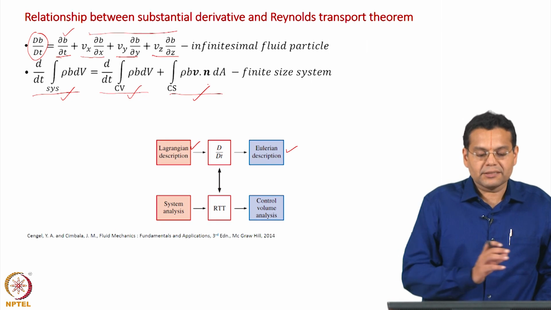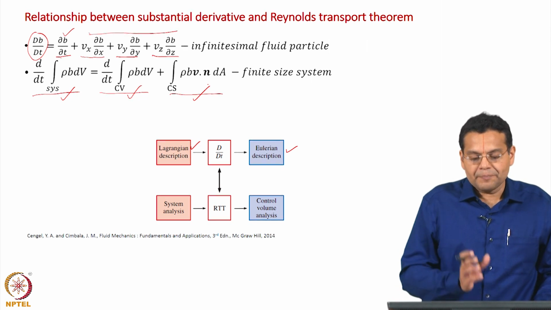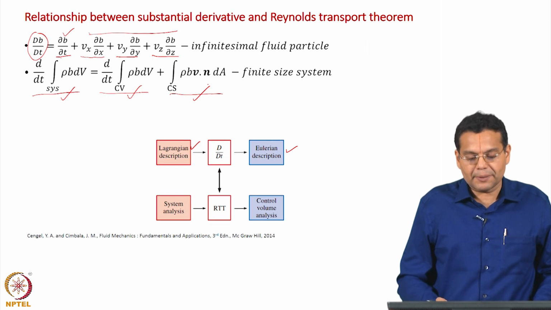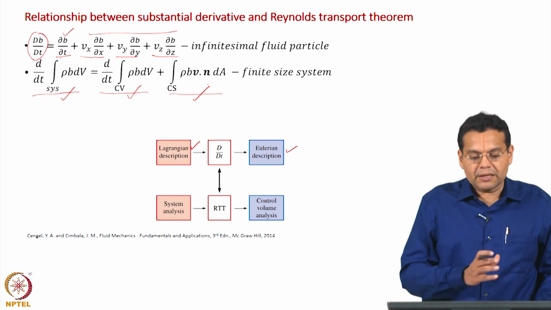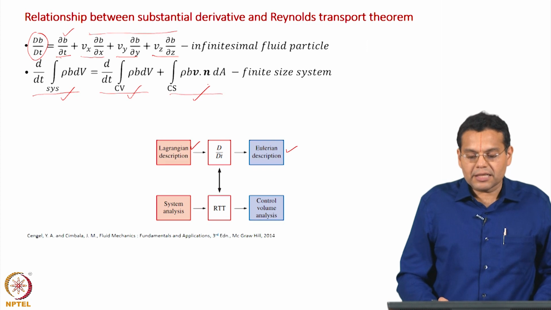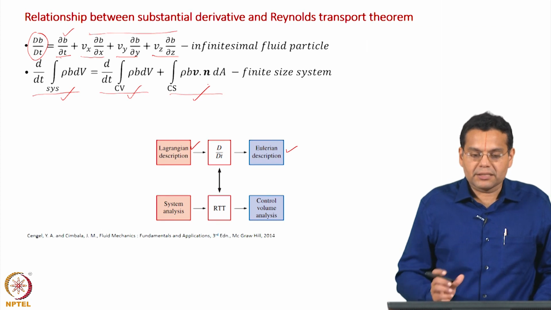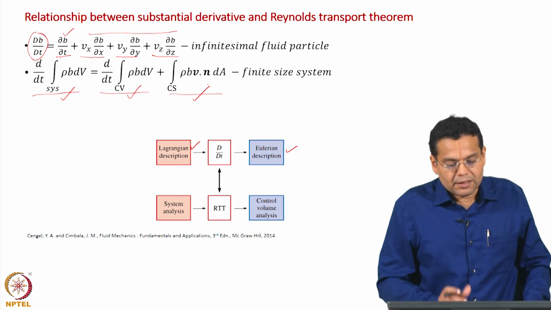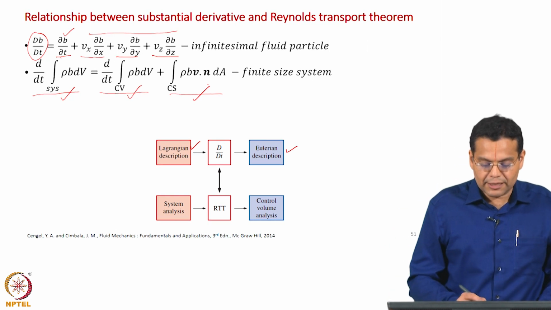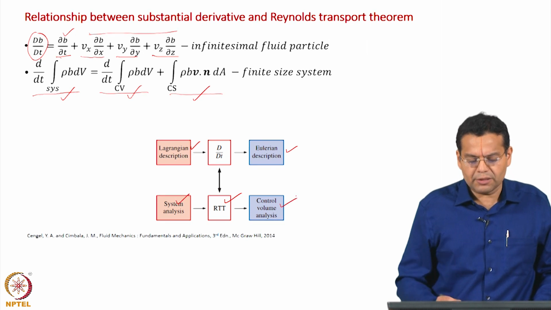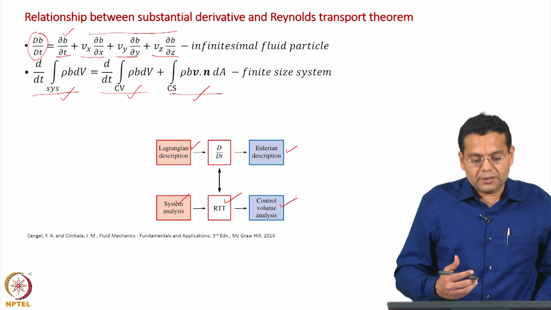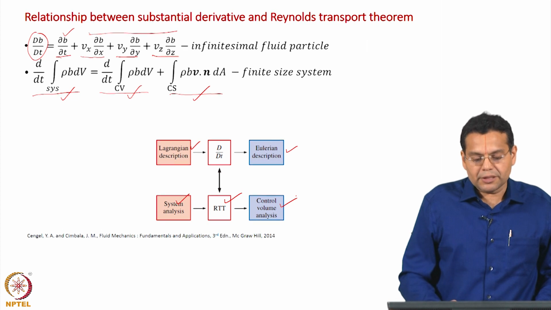So, left hand side is Lagrangian representation, right hand side is Eulerian representation, and we have written the Reynolds transport theorem for a system. Okay, now, let us compare both, and that is what is shown here. Reynolds transport theorem relates a system analysis to a control volume analysis. Now, let us look at the analogy between the two.